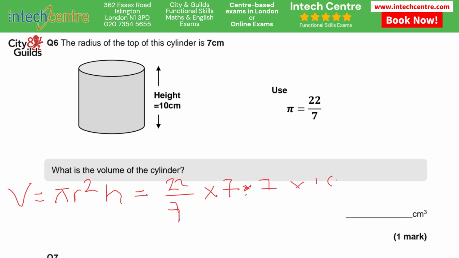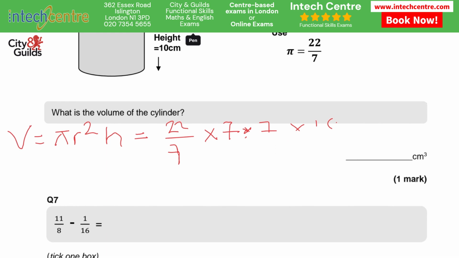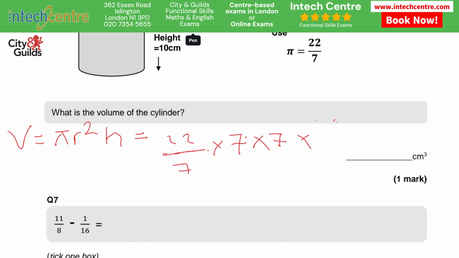I'll delete this for now to have a clearer space for our working out. So we have pi as 22 over 7 times by 7 times by 7 times by 10.